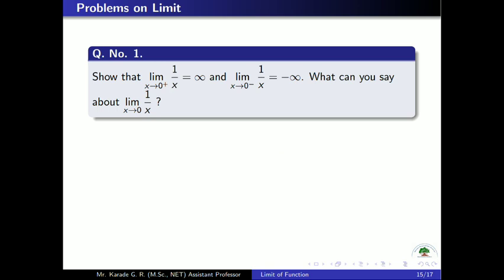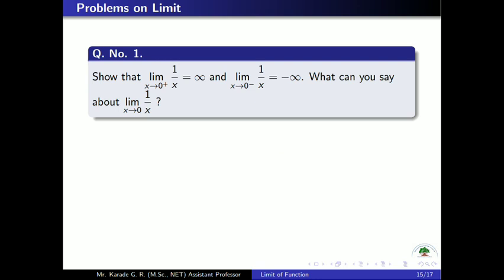So let us take one example now. Question number 1: show that limit as x tends to 0 plus of the function 1 upon x is equal to infinity, and limit as x tends to 0 minus of the function 1 upon x is minus infinity.